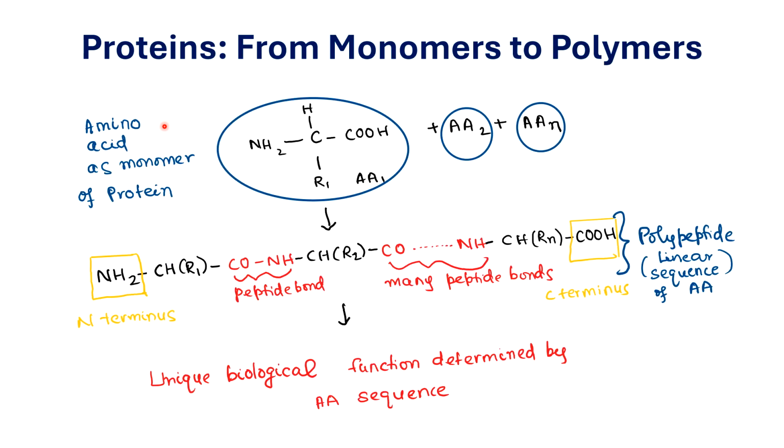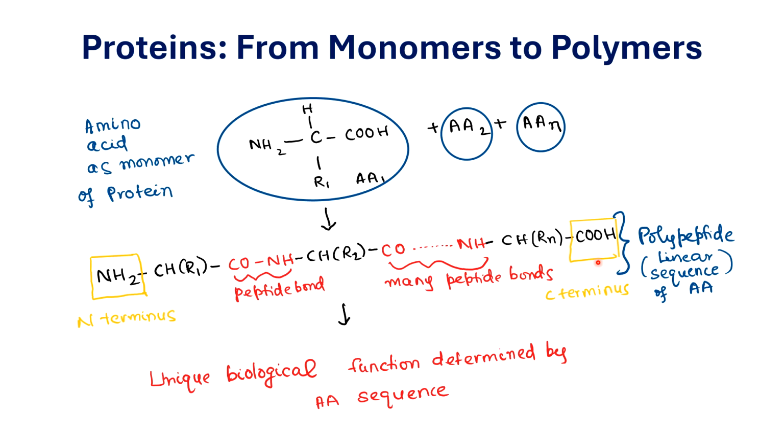So until now, we have discussed that proteins are polypeptides made up of amino acids as the monomeric unit. If we look into the structure of a polypeptide, it has two ends. Look at the left hand side: you have the amino group present. As an NH2 group is present, it is called the N terminus, and the amino acid present at the extreme left is called the N terminus amino acid.